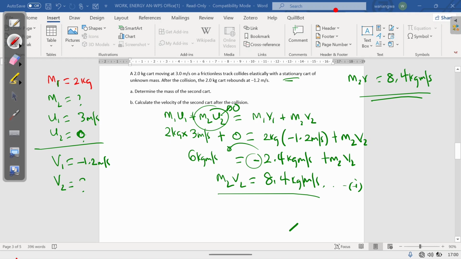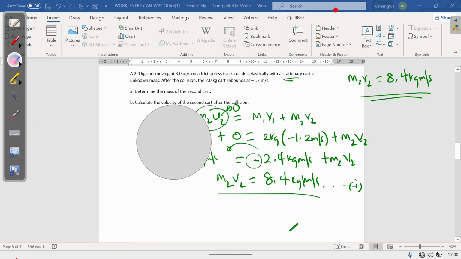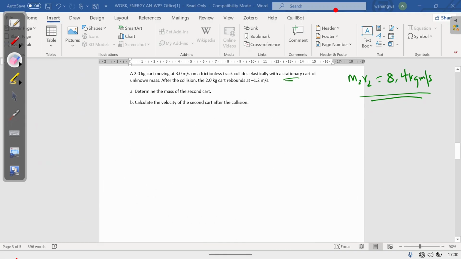Okay, now from there, what we're going to do is, we don't know so many things. Maybe we're going to try and come up with another equation by using the conservation of kinetic energy. Why? Because they have also told us that this thing has gone through a collision that is elastic. So we're expecting that maybe there will be a conservation in the kinetic energy as well.